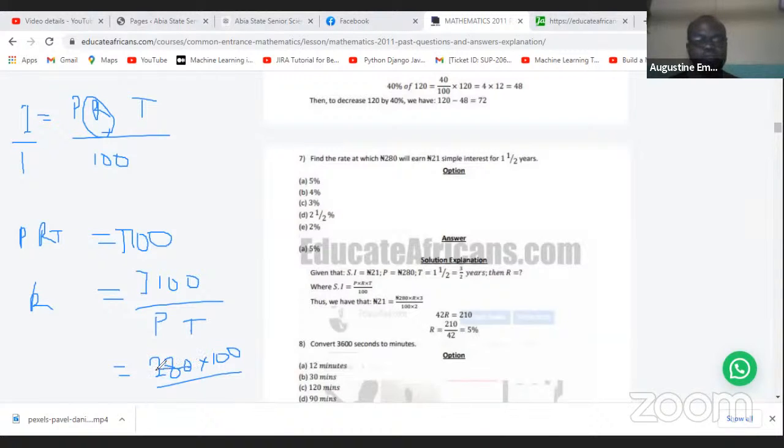So please, this should be 21. The principal is the one that is 280. And the time period is 1.5 years, so you can simply say 1.5. So we have 21 times 100 all over 280 times 1.5. And that should give you the 5% that is here.